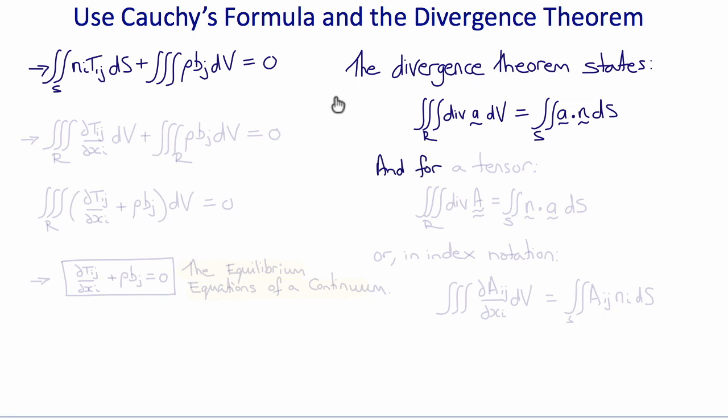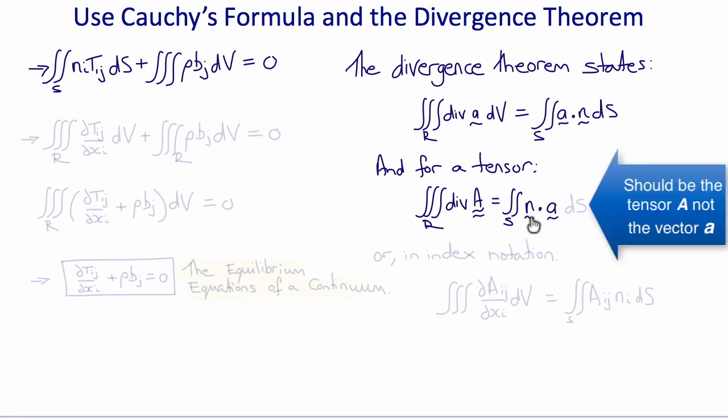The same theorem holds for a tensor, in which case we write that the volume integral over R of the divergence of the tensor A is equal to the surface integral over S of n dot A, where n is the outward normal to the surface.